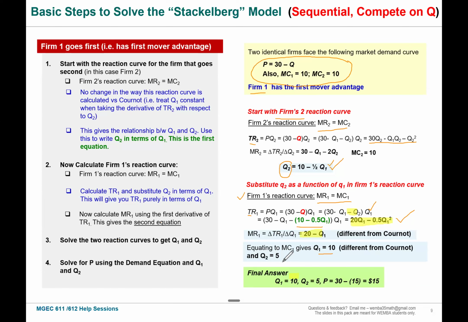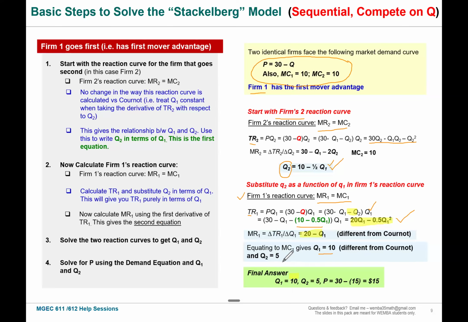But for firm 1's reaction curve, you eliminate the second quantity Q2 using the reaction curve of firm 2, and then you differentiate. And that's how you get Q1, Q2. So that's the difference between Stackelberg and Cournot, and how you do this thing.